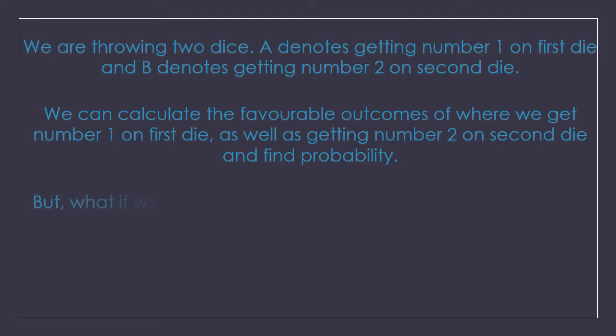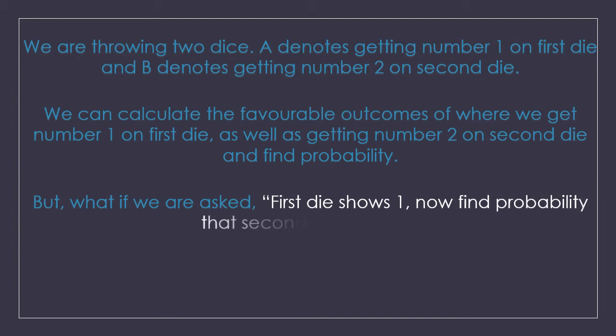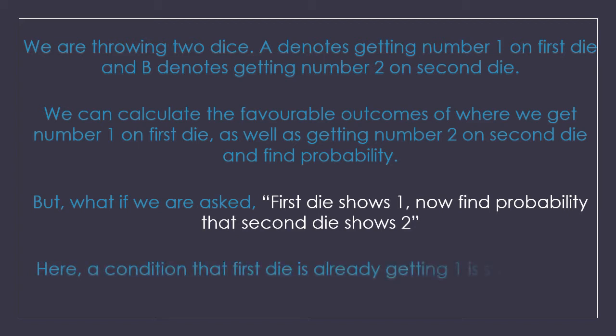But what if we are asked to find that the first die shows number 1, that means the first die already is 1. Now find the probability that the second die shows 2. That means there is a condition that the first is already 1.